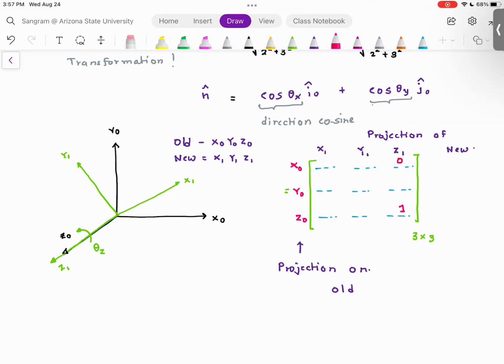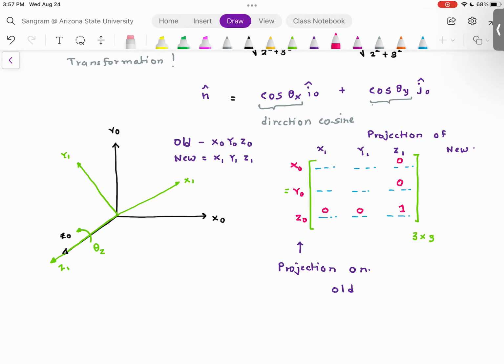What is the projection of z1 on y0? 0. Agreed? Now, whenever you have something like this, 0, 0, 1, clearly you have zeros in the other column and other row. So basically, if you have 2 zeros and 1, the row that contains 1 and the column that contains 1 will have zeros. Are you with me so far?